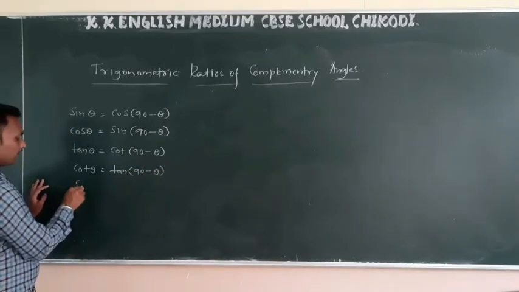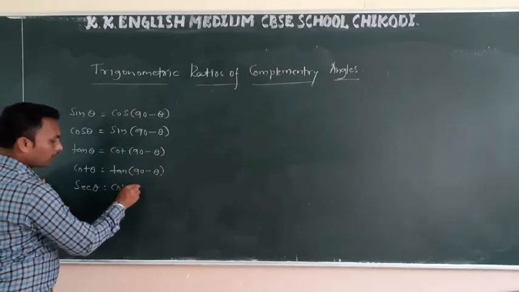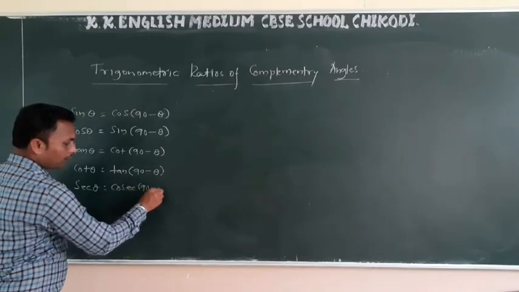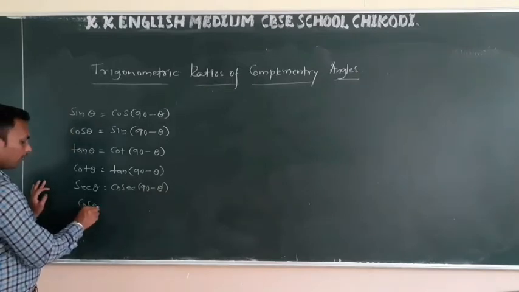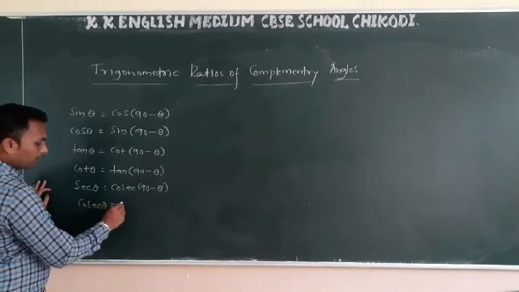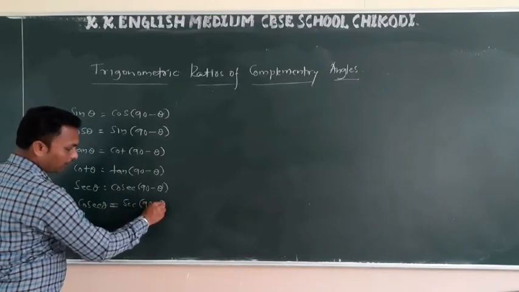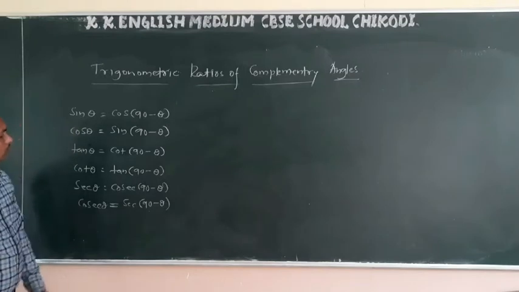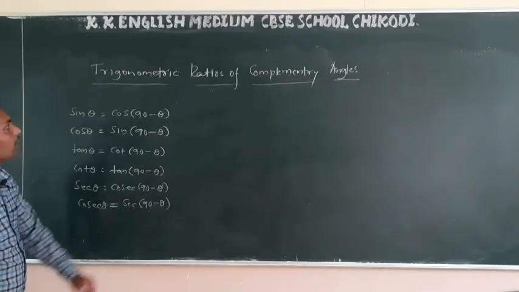Next we have sec of theta is nothing but cosec of 90 minus theta, and one more, cosec of theta is nothing but sec of 90 minus theta. So these are the complementary angles of trigonometric ratios.